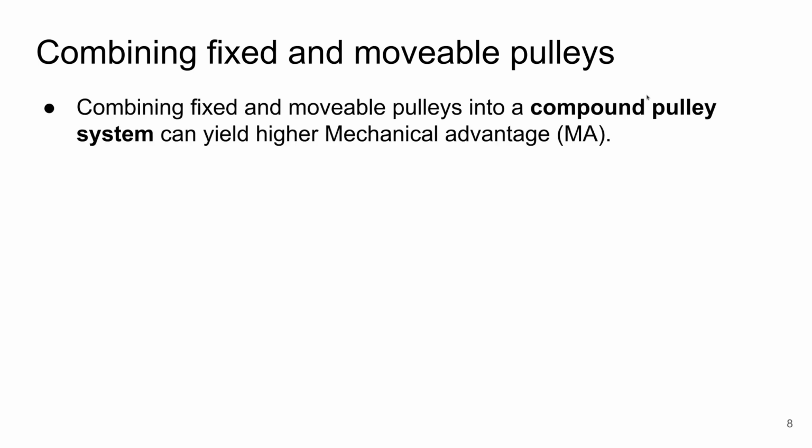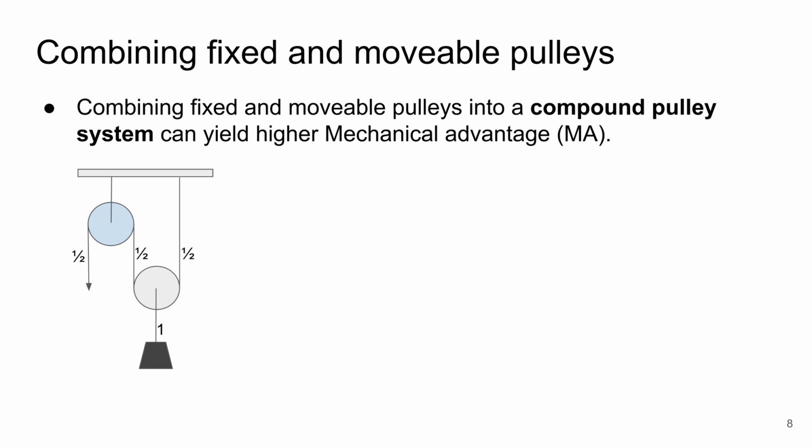Now we can combine fixed and movable pulleys into a compound pulley system, and this can often yield higher mechanical advantage. So in this case, we have a single fixed pulley and a single movable pulley.